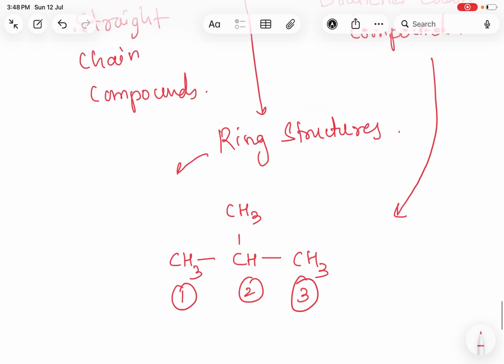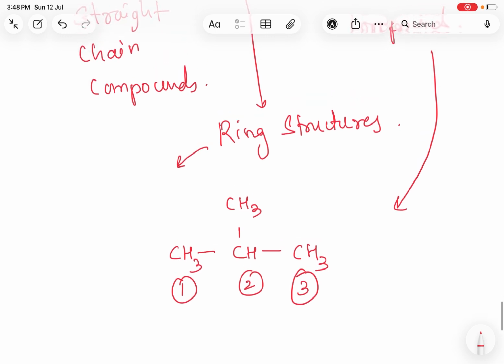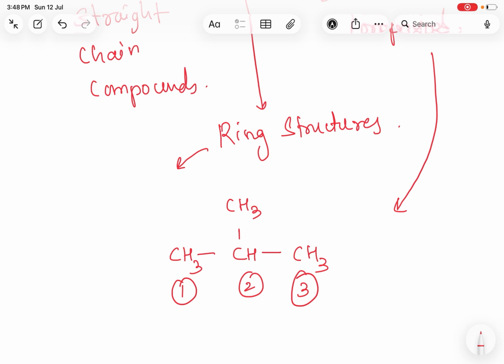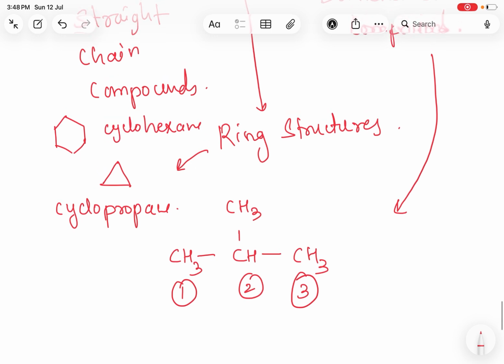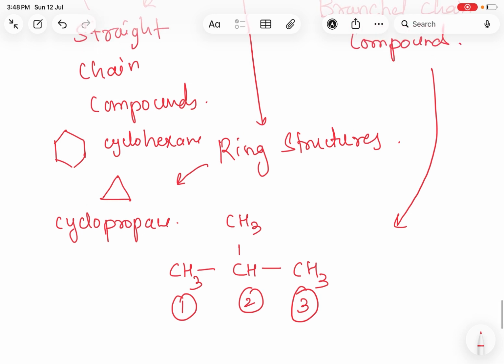And for ring structures, we have cyclic compounds. For example, I have cyclopropane, or I would have cyclohexane. Then we would have aromatic compounds also. One of the common structures which you already would know or would have heard about is the benzene ring, a benzene structure.